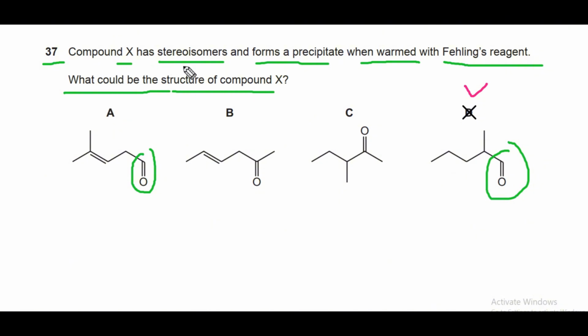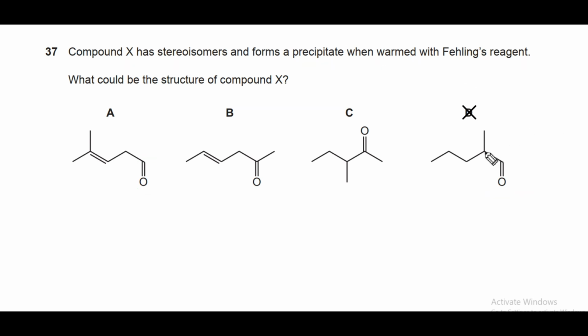Compound X has stereoisomers, so it has a chiral center. You see, D has one chiral center. This carbon contains a CH3 group, a CH2 group, another CH2 group, and hydrogen, 4 different groups.